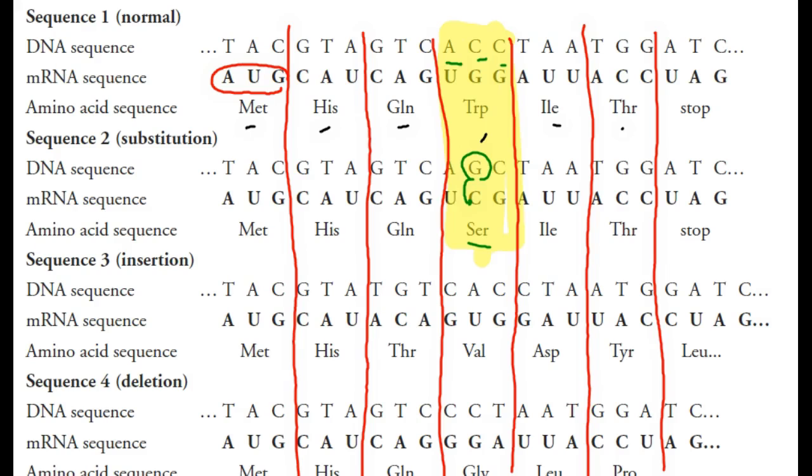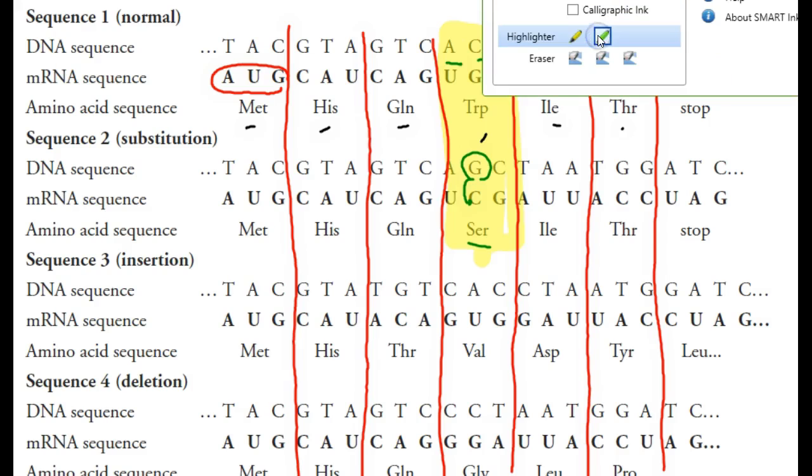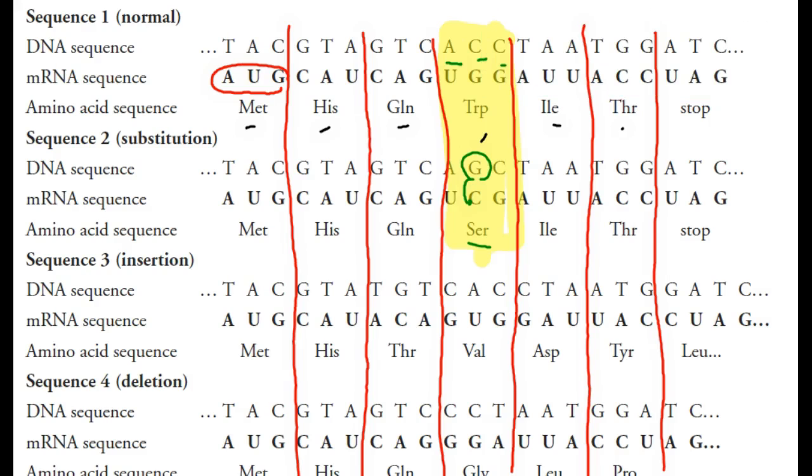The next one is looking at sequence 3 versus sequence 1. If you take a look at sequence 3 versus sequence 1, it's right here that you see the difference.